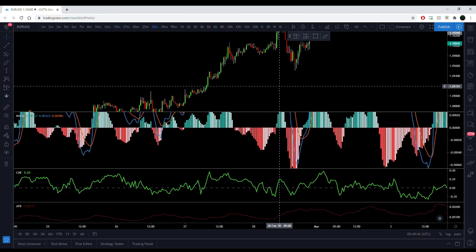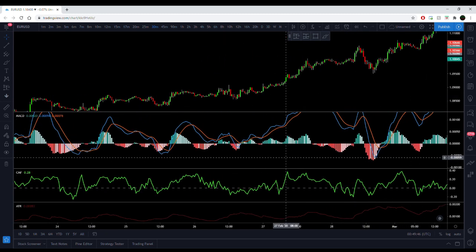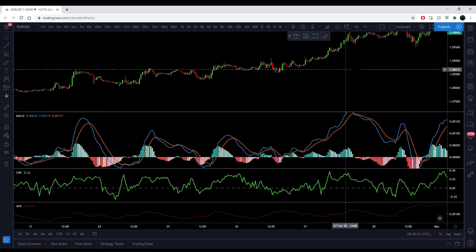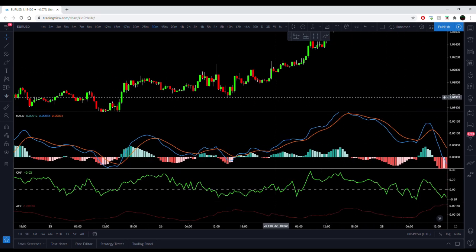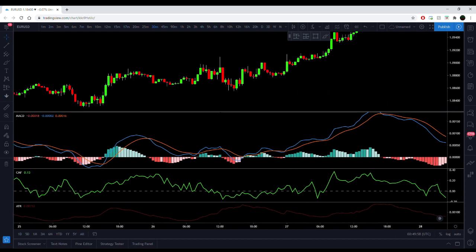I'll find a long setup here. So now that MACD is trending above the zero line of the histogram, we can look for long signals. So actually we get a long signal over here, multiple long signals. This will be a long signal right here.